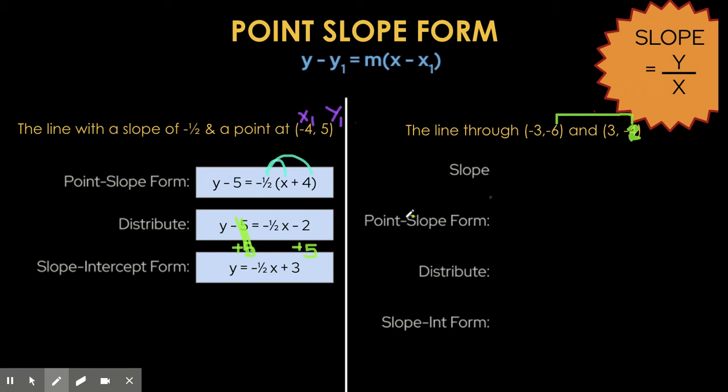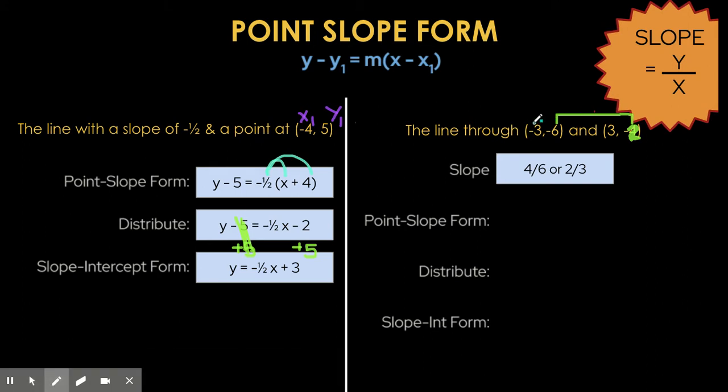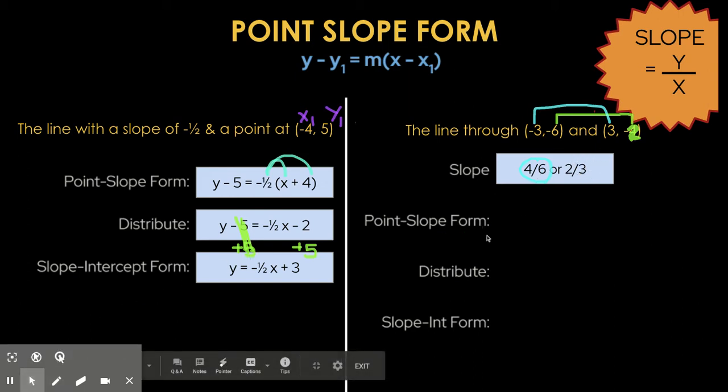So assume that's a negative 2, is 4, is what it should be, over the distance between the x's, which is negative 3 to 3. And if you need to count that out on your fingers, go for it. But those are 6 apart. So that's why it's 4 over 6, which is the same thing as 2/3. I would always recommend simplifying your slope because that makes it easier to work with.